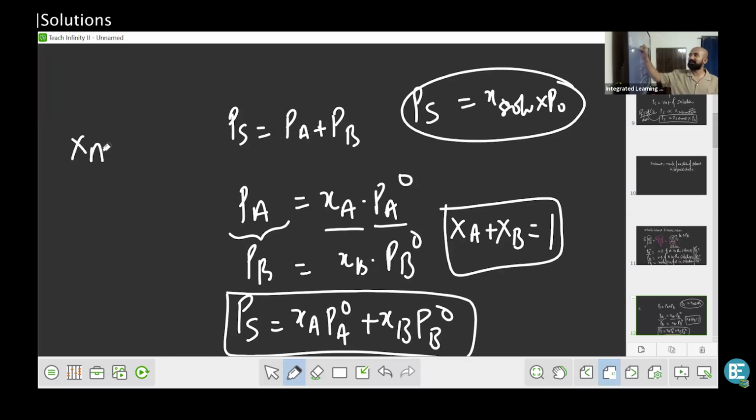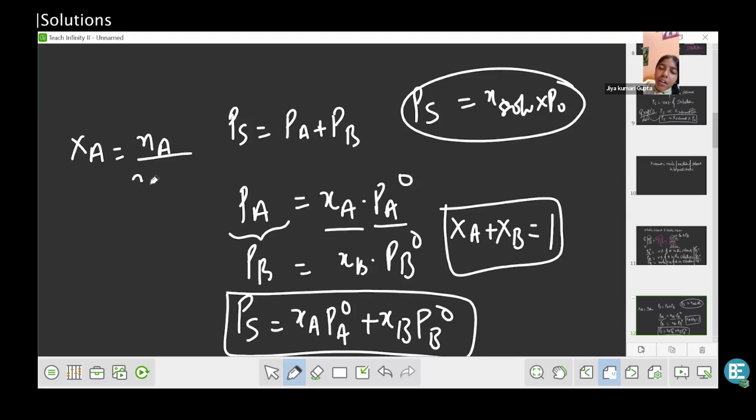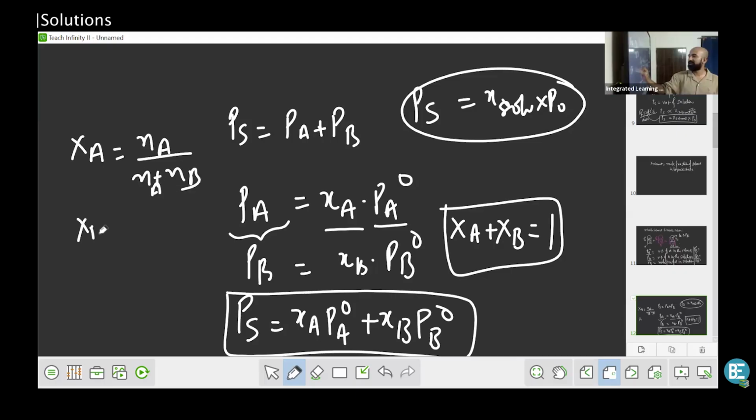If I'm writing XA is equal to, what was the formula of mole fraction? In the last class we did it. Number of moles of A by number of moles of A plus B. This is Na upon Na plus Nb. XB is Nb upon Na plus Nb.